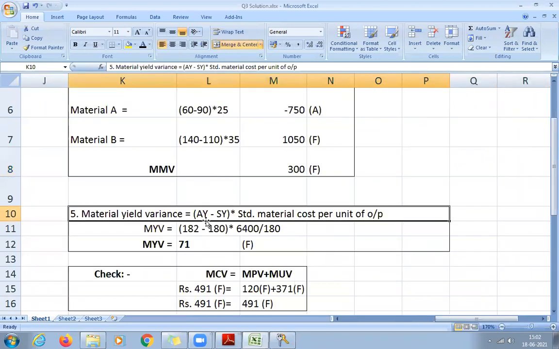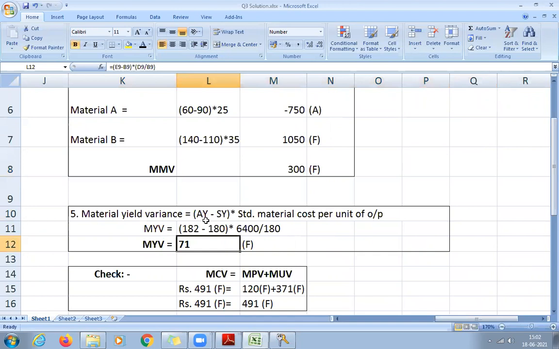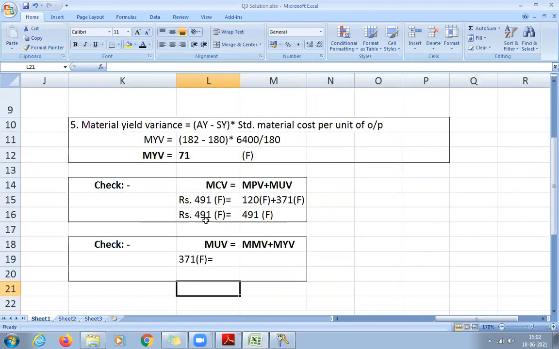And yield? 71 favorable. 300 F plus 71 F, when you add this, you get 371, the same as the left hand side. So both are the same. That means whatever you have done is correct. Students, any doubt?